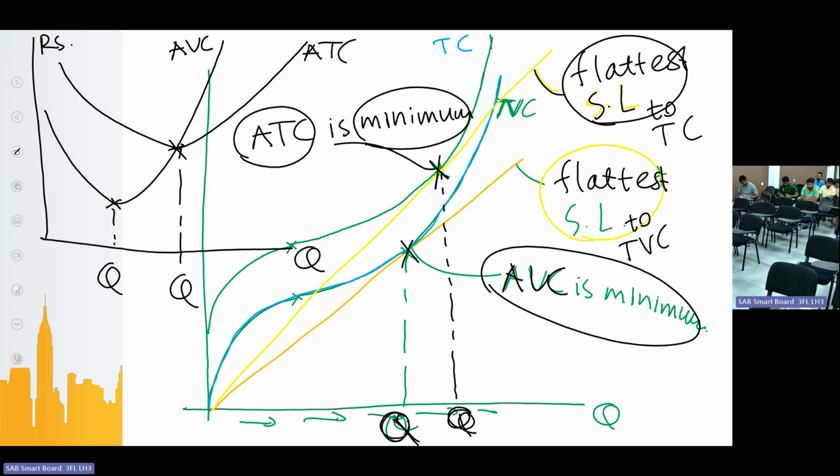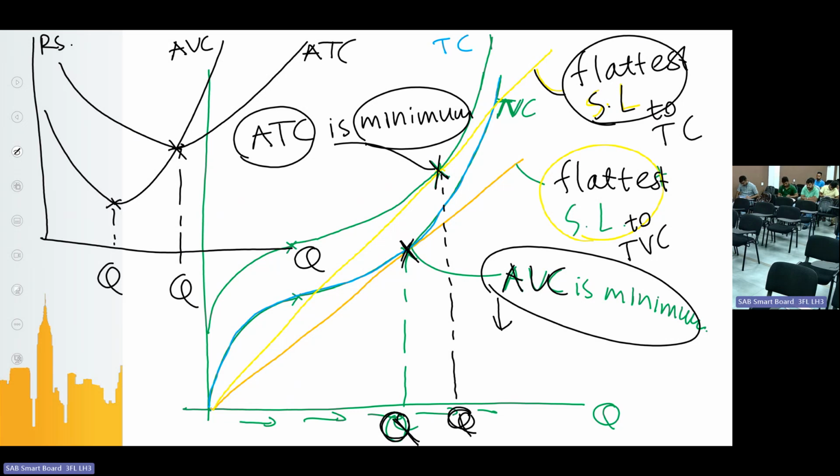As you observe in the case of ABC, initially the straight lines are getting flatter and flatter. That means ABC is initially decreasing and reaches its minimum point here.